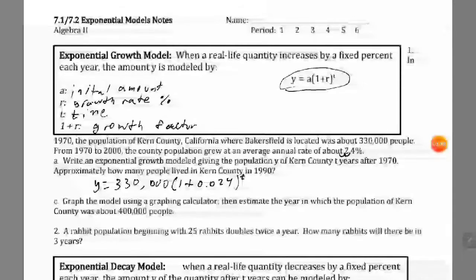So they want to estimate how many people lived in Kern County in 1990. From 1970 to 1990, that's 20 years, so T is 20. And then you just plug T into the equation.